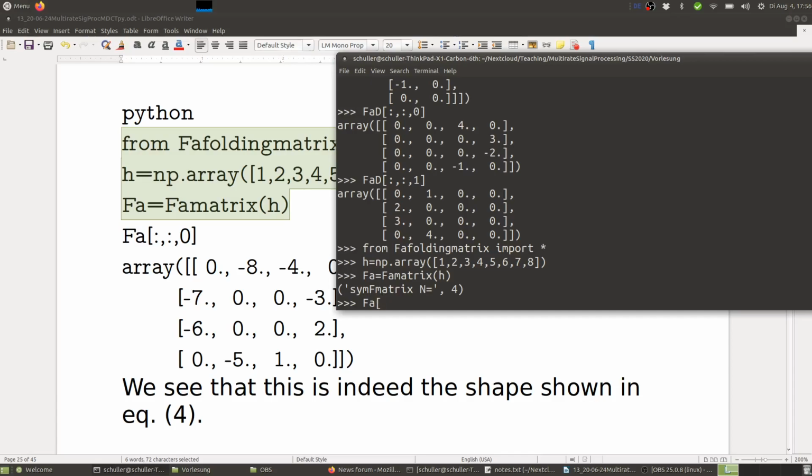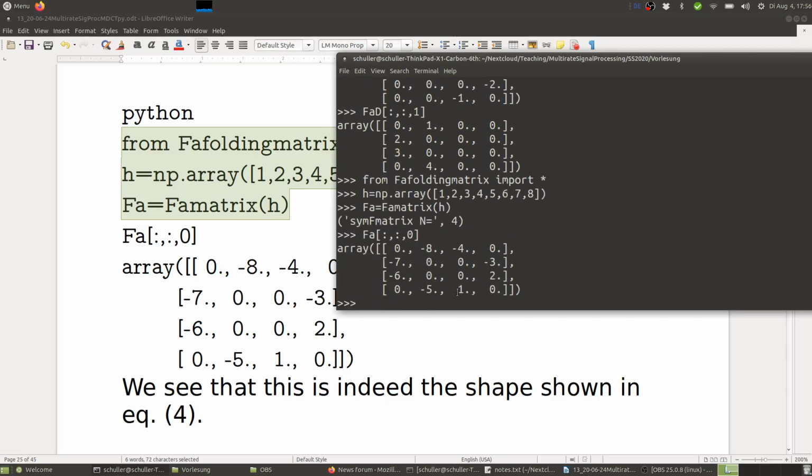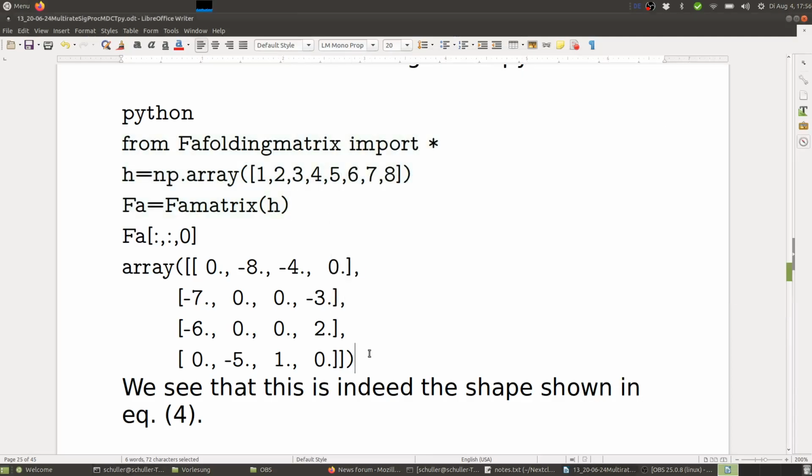So FA colon, comma, colon, comma, 0. So indeed, here 1, 2, then we have the sign flipping, or negative signs. So the sign flipping appears after N over 2 samples, as it should.